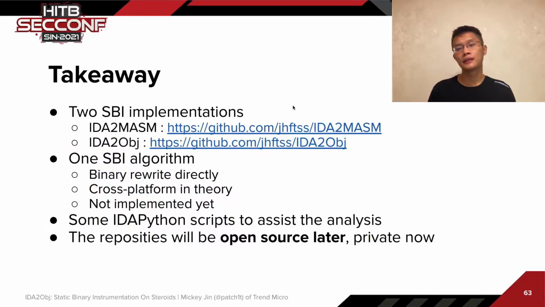It just rewrites the binary directly. It could be cross-platform in theory, and it is not implemented yet. Then I wrote some IDA Python scripts to assist the analysis. The repos will be open source later.